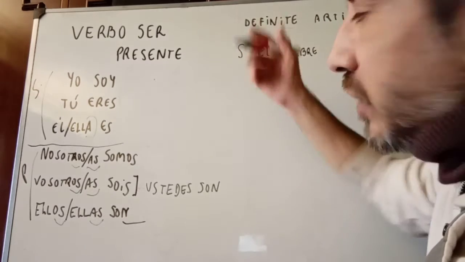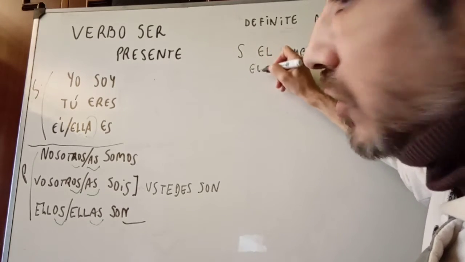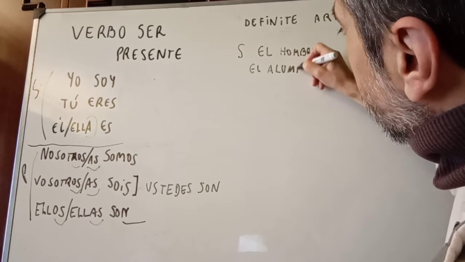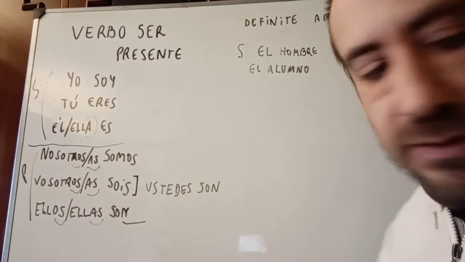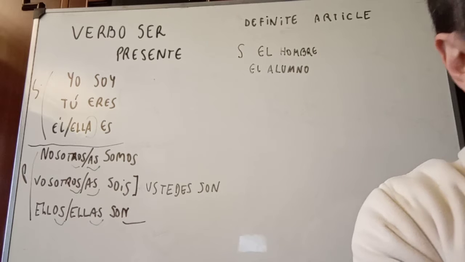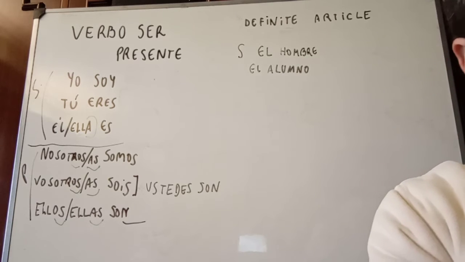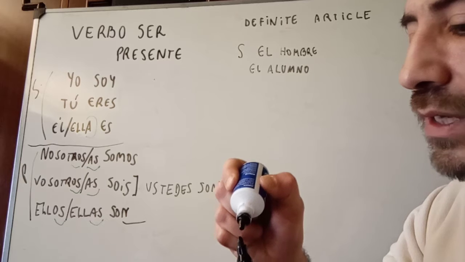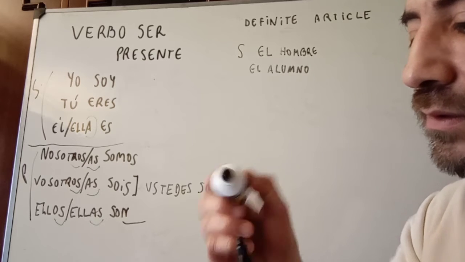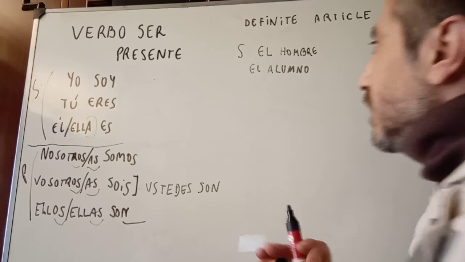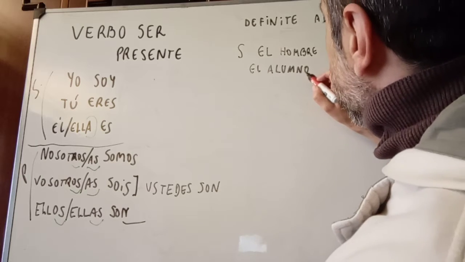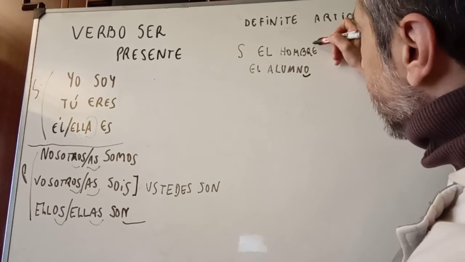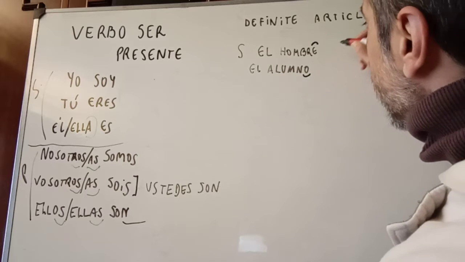Or as we saw with the typical O ending, el alumno, the student, or the pupil if it's a child, the scholar. So it's not always with the O ending, but it's very common. Here it's el hombre, el alumno.